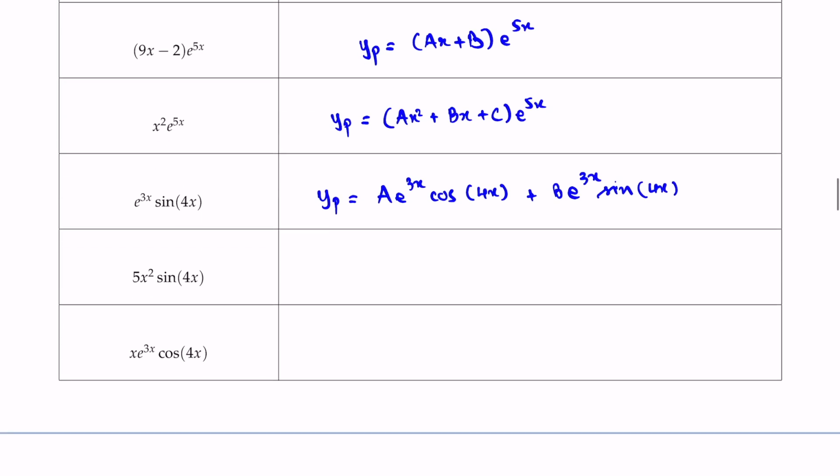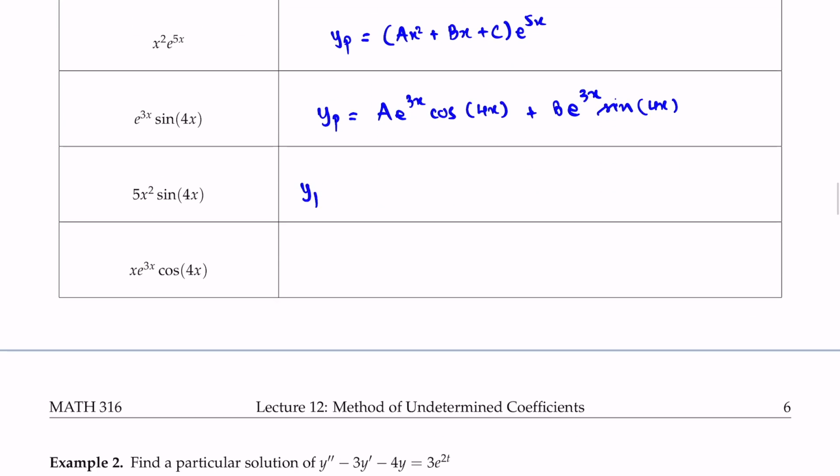When you have a product between a power function and sine or cosine functions, to make a guess here, we're going to write down the entire polynomial function of degree 2 and multiply one with cosine and one with sine function. So that is ax squared plus bx plus c times cosine of 4x.